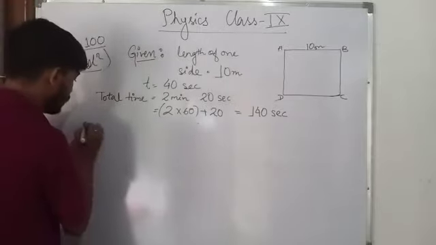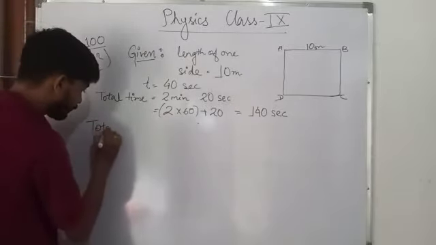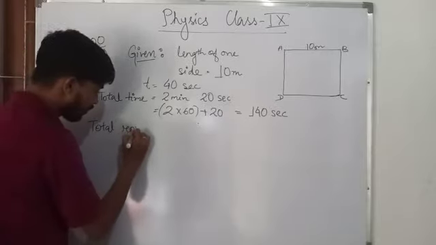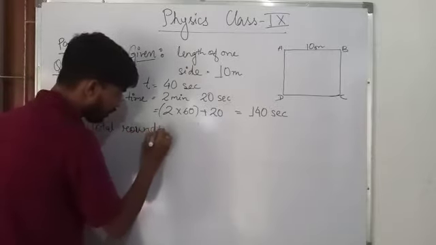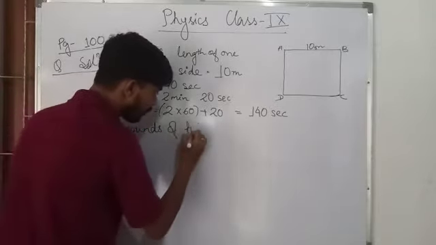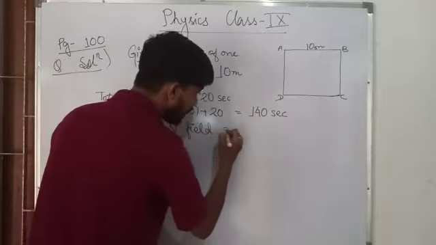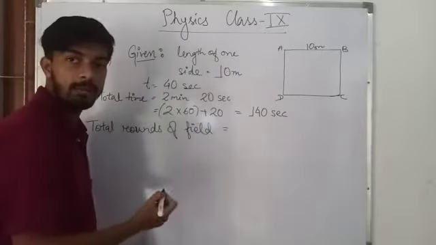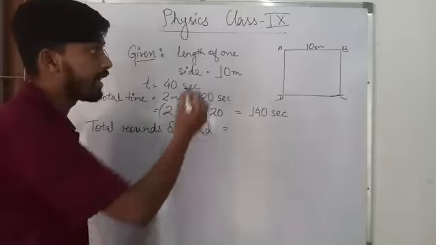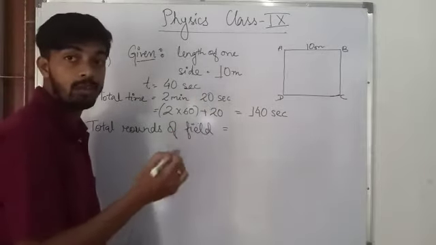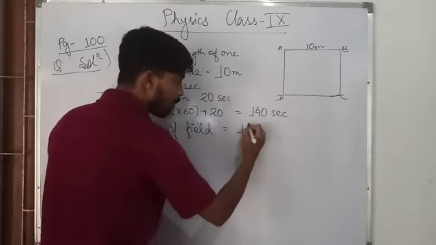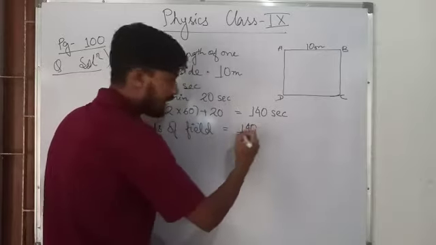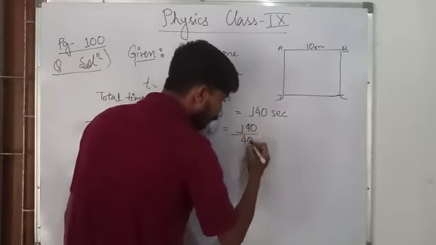So total rounds of field equal to total time divided by time taken to move in one side. 140 divided by 40.